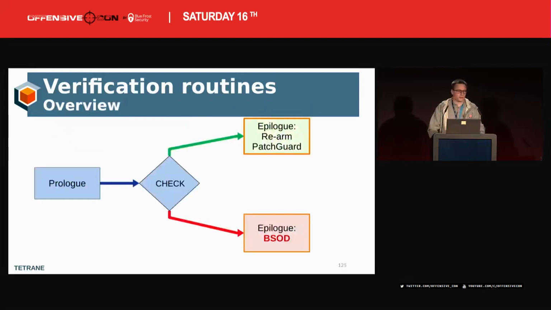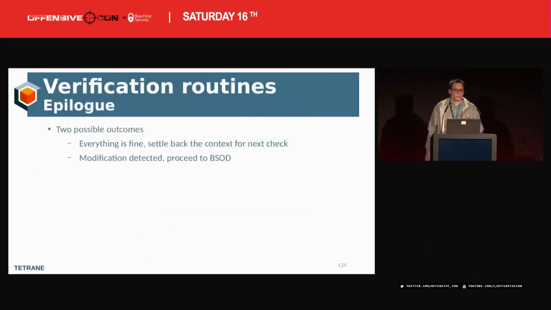When this check is performed, there will be two possible outcomes. The first one is rearming PatchGuard, and the second one is the blue screen of death. So when everything is fine, the rearming of PatchGuard will be almost the same as the initialization part.